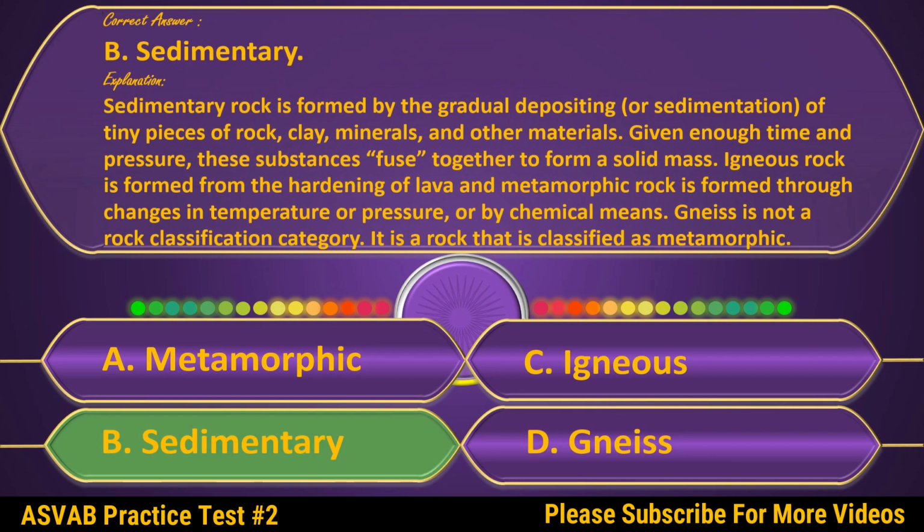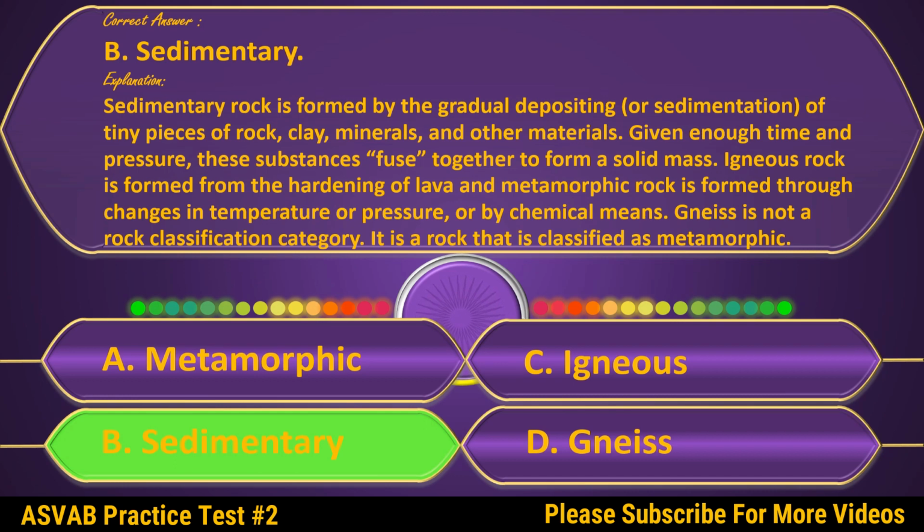The correct answer is option B, sedimentary. Sedimentary rock is formed by the gradual depositing or sedimentation of tiny pieces of rock, clay, minerals, and other materials.